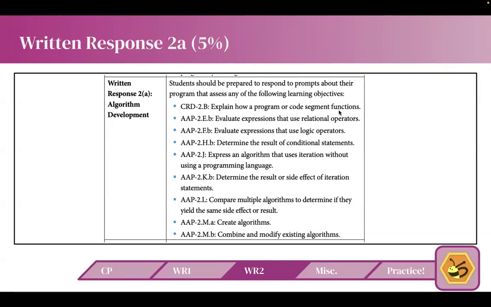This is the same one as the last one, right? Evaluate expressions that use relational operators. Can somebody remind me what the difference between relational and logical operators is? Logical operators are the and, or, and not, right?